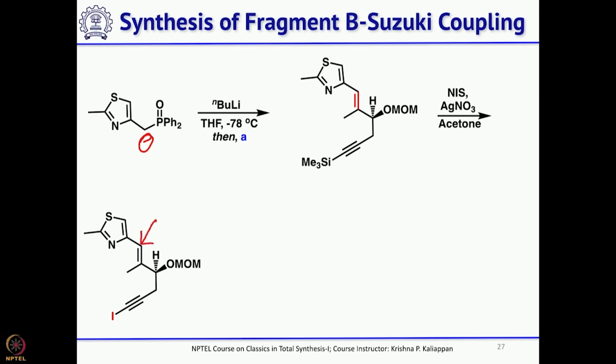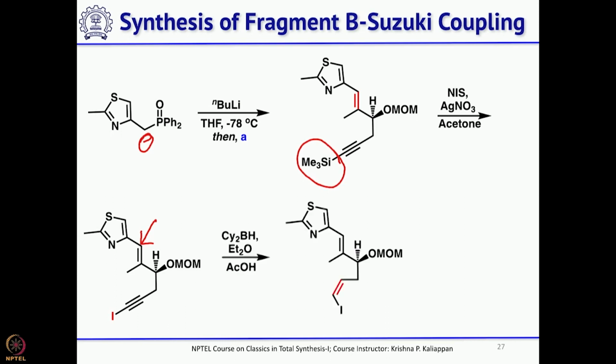Okay. Now, the TMS group can be removed, and iodine can be introduced in one step by treatment with N-iodosuccinimide and silver nitrate.